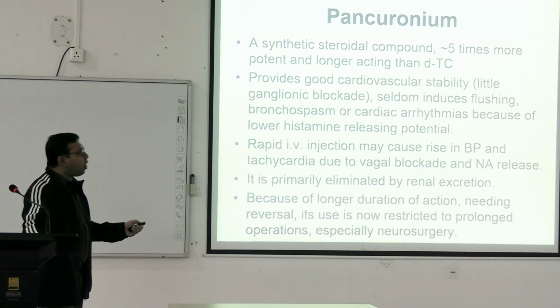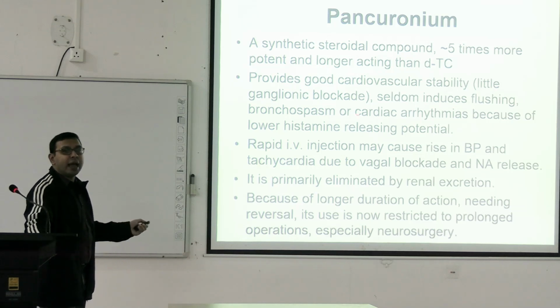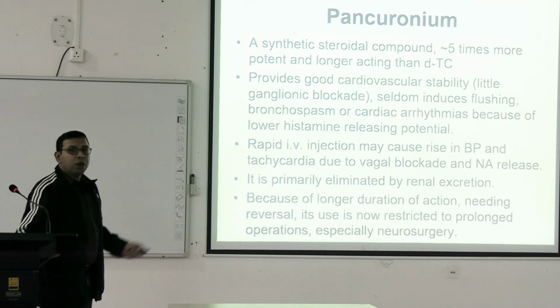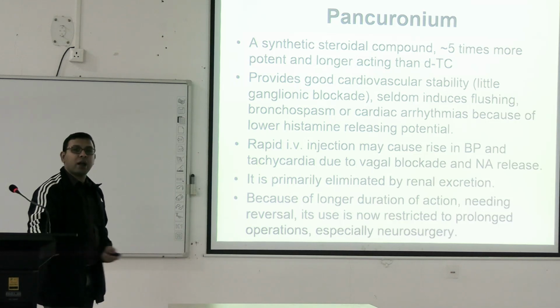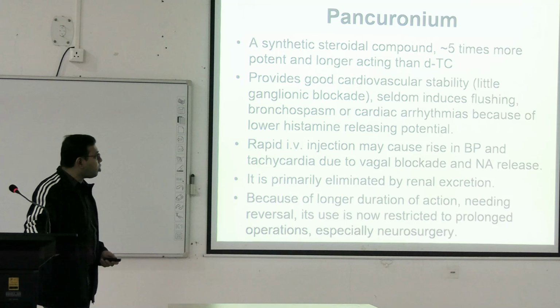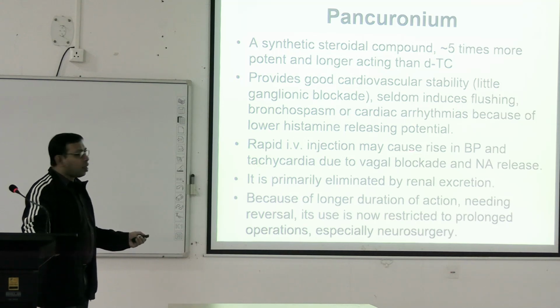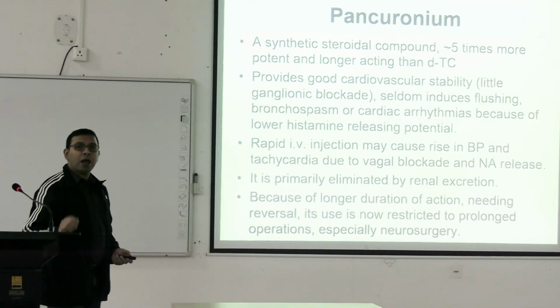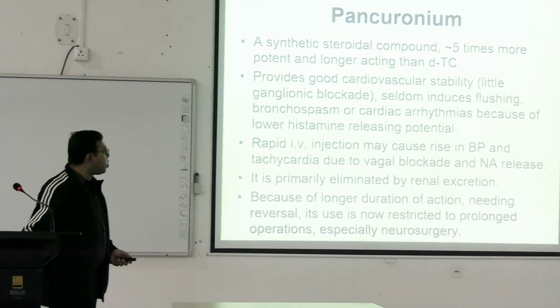It provides good cardiovascular stability, that is, little ganglionic blockade. So ganglionic blockade is very less. It seldom induces flushing, bronchospasm or cardiac arrhythmia, so the histamine release is also less. Rapid IV injection may cause a rise in blood pressure and tachycardia due to vagal blockade and noradrenaline release. That's why slow IV injection is to be given with pancuronium.